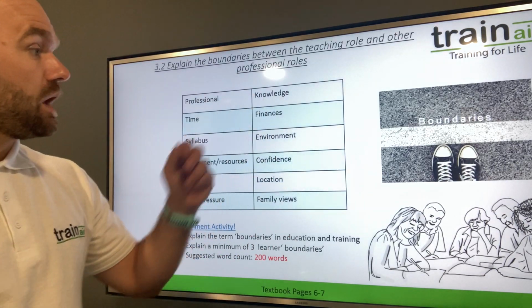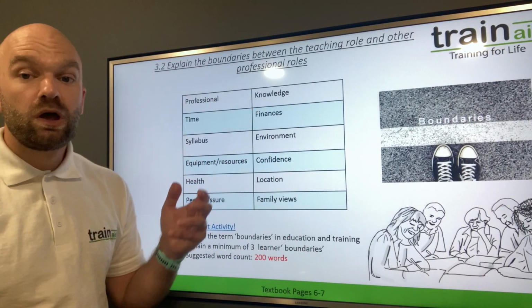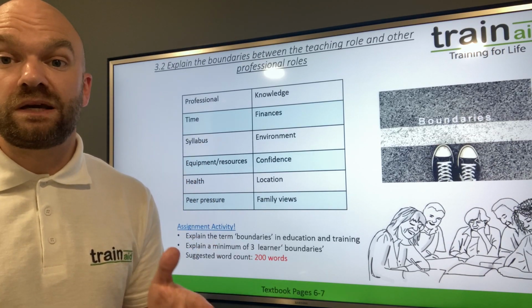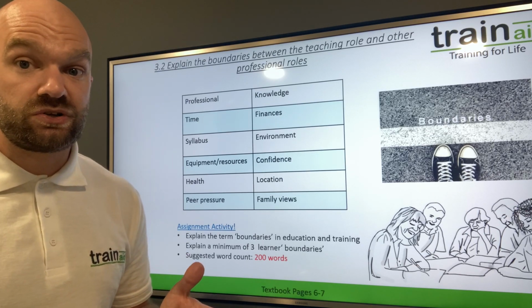Some typical boundaries or barriers could be time. Perhaps learners have a part-time job, they have perhaps a family or personal life, and they don't simply have the time to study.